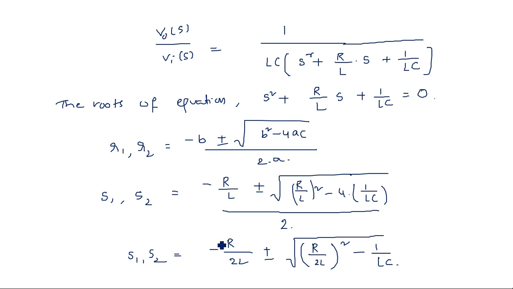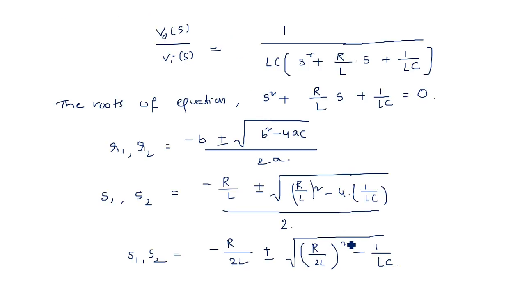Now, based on these roots, we can determine 3 different conditions. What happens when (R by 2L) whole square is greater than 1 by LC, equal to 1 by LC, and less than 1 by LC? The roots become positive and real, the roots become complex, or the root becomes only minus R by 2L.